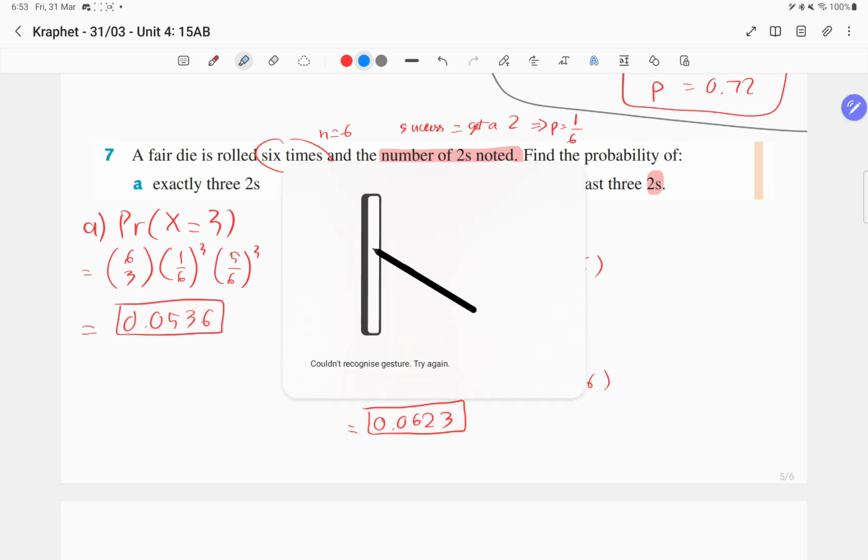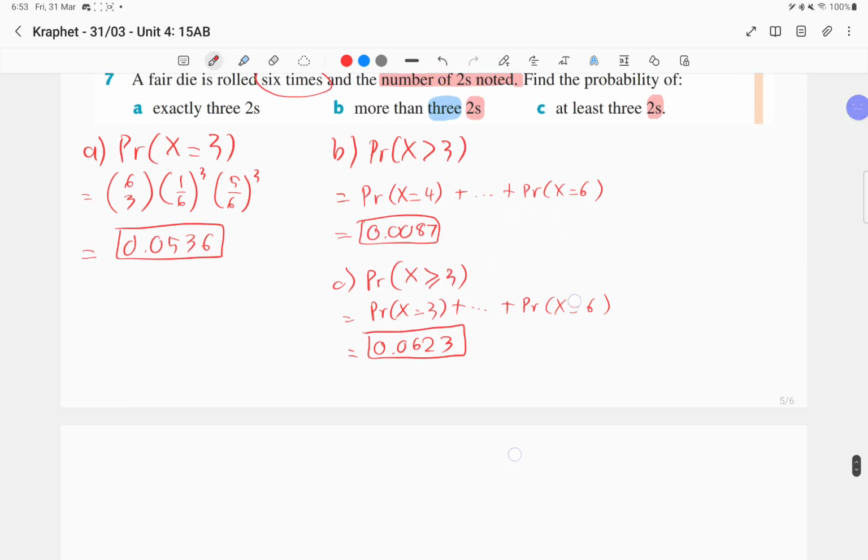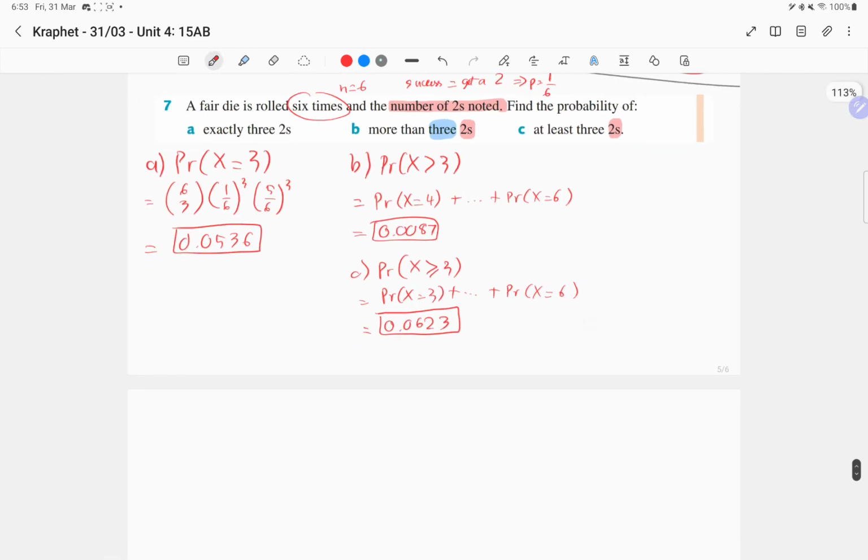So the idea is, and this is actually important for one of the questions later, if you're trying to find the probability of X is more than or equal to 3, this is technically 3, 4, 5, 6. And then the probability of X is more than 3 would just be 4, 5, 6.